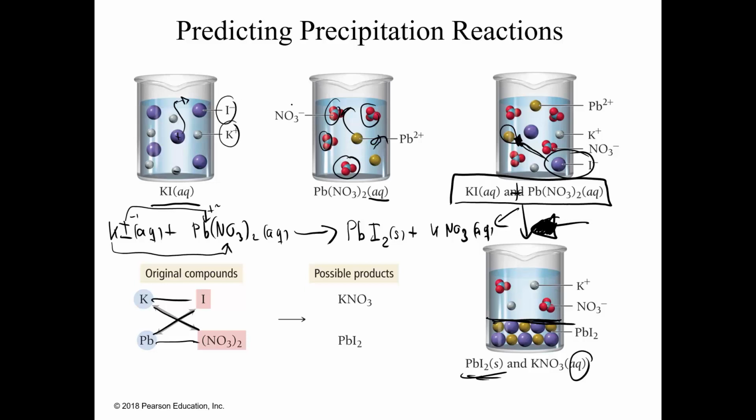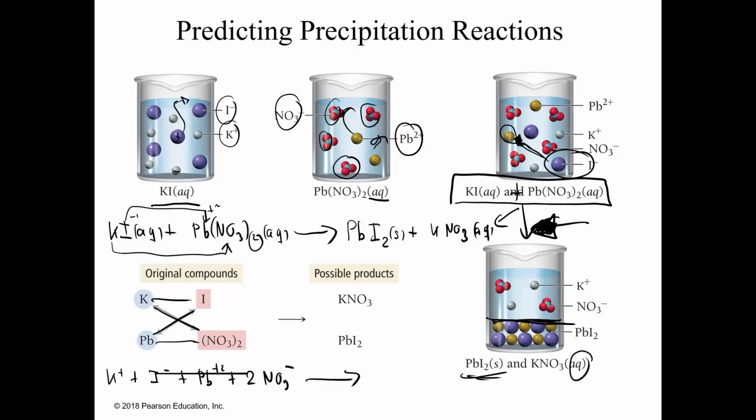So you have KI and Pb(NO3)2, and those are actually as ions. So you have K+ and I- and Pb2+. I'm just copying it down. And then I have two nitrates, right? 2NO3-, and that's because I have that 2 here.